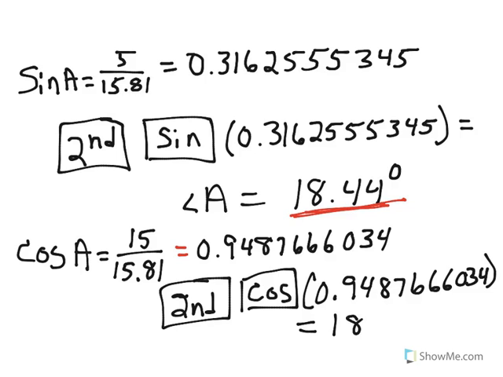That will give us 18.42 degrees. Now notice there's a slight difference. This one was 18.44, this one's 18.42, but they are basically the same. In most cases, we would round this off to either a whole number or the tenths place, and we should have approximately the same value for the same angle.